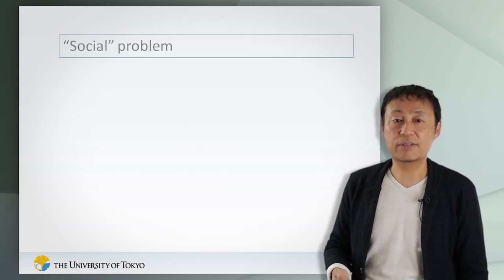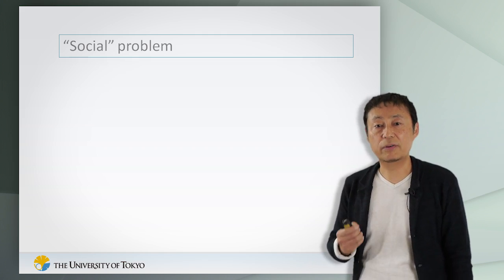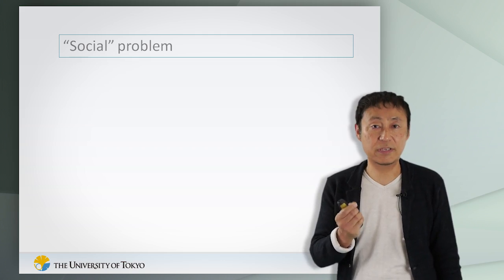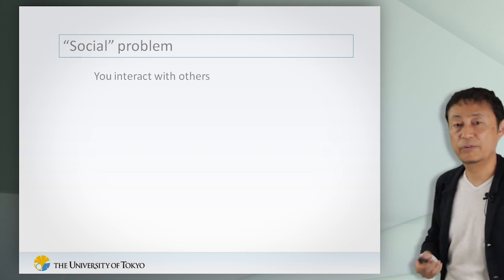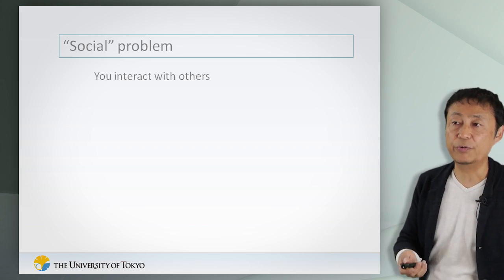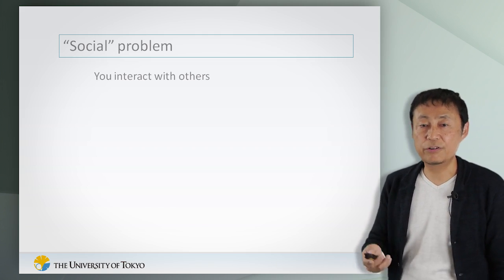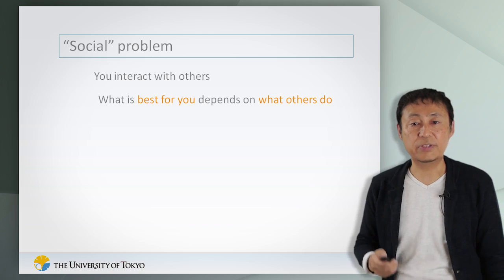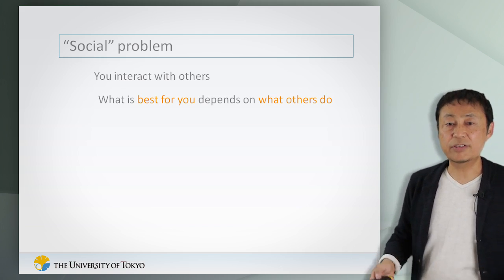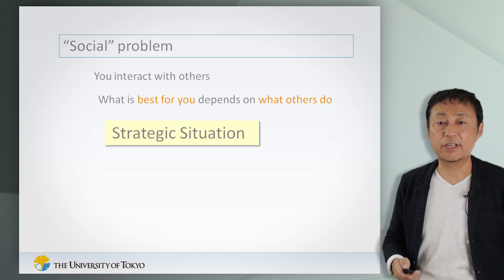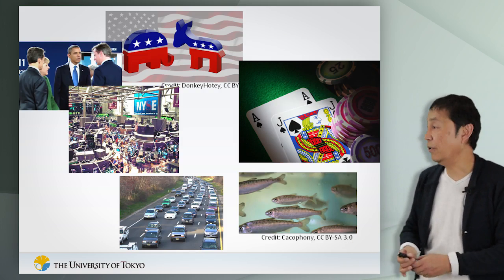So game theory concerns social problems. In a social problem, you are not the only person who makes a decision. You interact with others. And you need to think about what is best for you. And since you are interacting with others, usually, what is best for you depends on what others do, okay? Such a situation is called a strategic situation. Okay, so let's go back to the example.